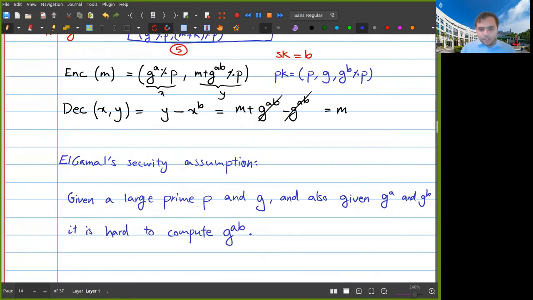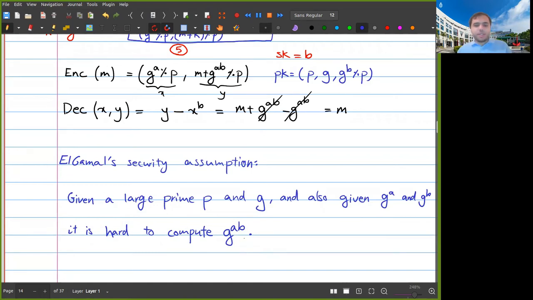So Eve is seeing P, she's seeing G, she's seeing G to the power of A and G to the power of B. But we want to assume that it's hard to compute G to the power of AB if she knows these things. And again, this is not exactly the discrete logarithm problem, because the discrete logarithm problem would just be to compute A based on G to the power of A. And if someone can solve the discrete logarithm problem, then they can solve this problem as well.